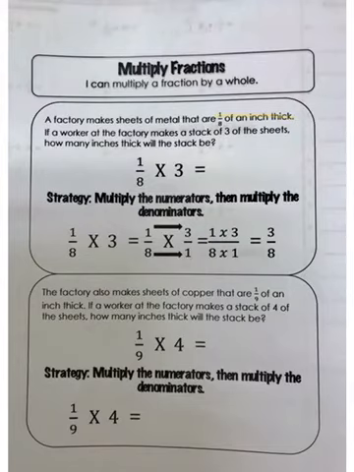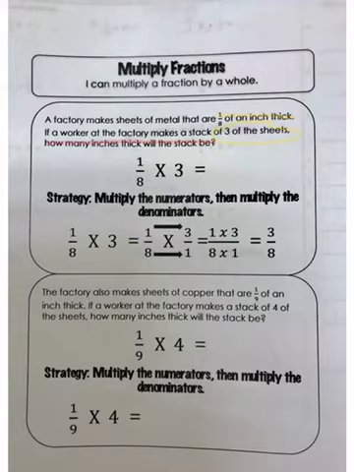If a worker at the factory makes a stack of 3 of the sheets, how many inches thick will the whole stack be? So I know that each one is 1/8 of an inch thick, and I have 3 of those. So I know that using that repeated addition, I can multiply instead of using repeated addition.